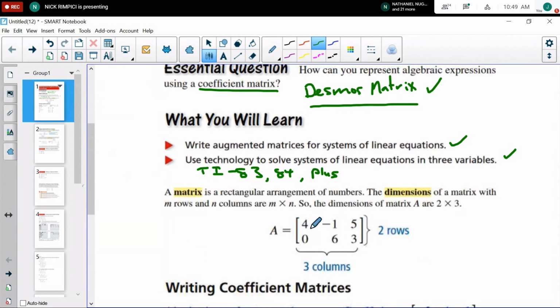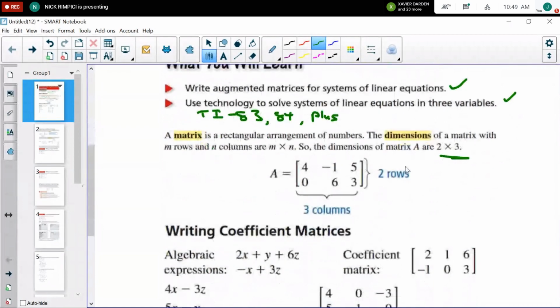So we call this a 2 by 3 matrix. That's where that comes from. It just tells you how many rows and columns there are. What I love about Desmos is that this is directly in front of you when you go to enter the data. You're not going to have any issues.